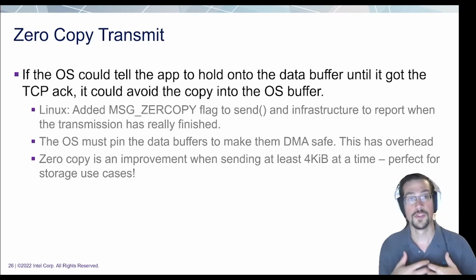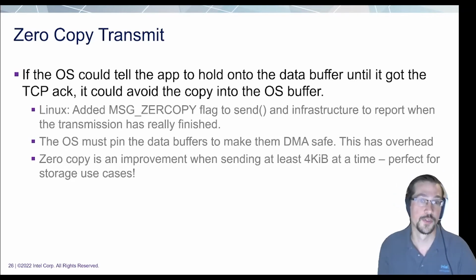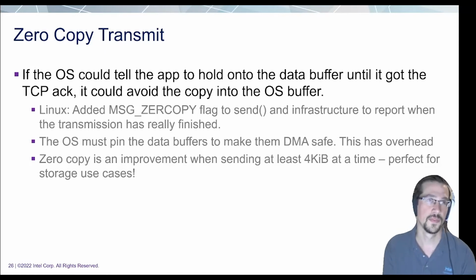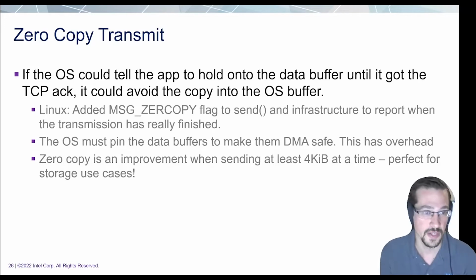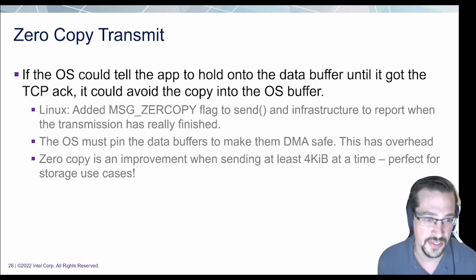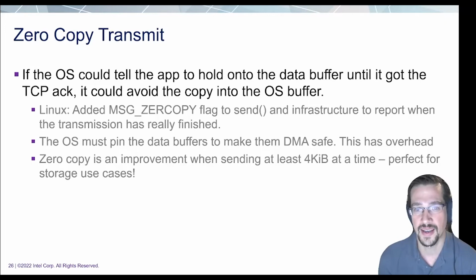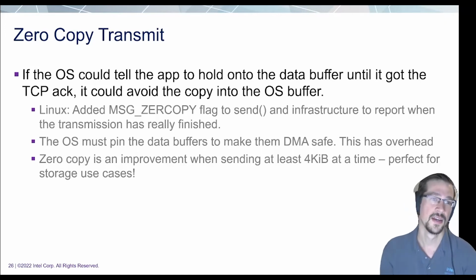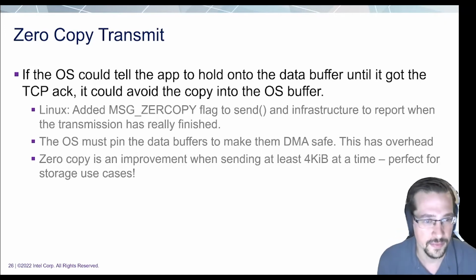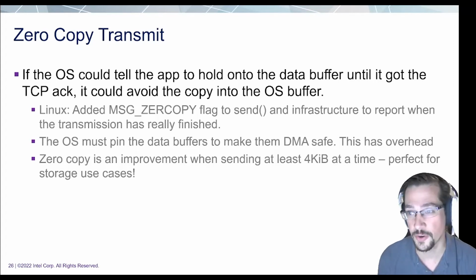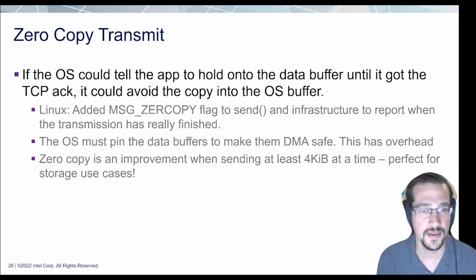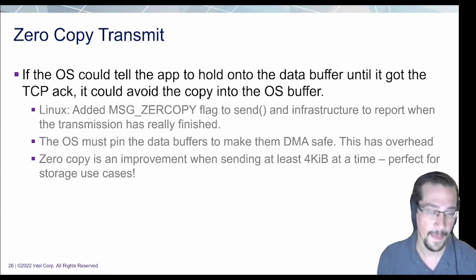Okay, so what zero copy transmit does is it observes that the data buffer is not being manipulated or modified by the operating system anymore. It's not being copied by the operating system anymore. It's just being posted to a NIC as is for DMA. So fairly recently, I think in 4.18 of Linux, they added a new flag to send called message zero copy. If you say message zero copy and you do a send, it will not copy your data into the OS buffer.